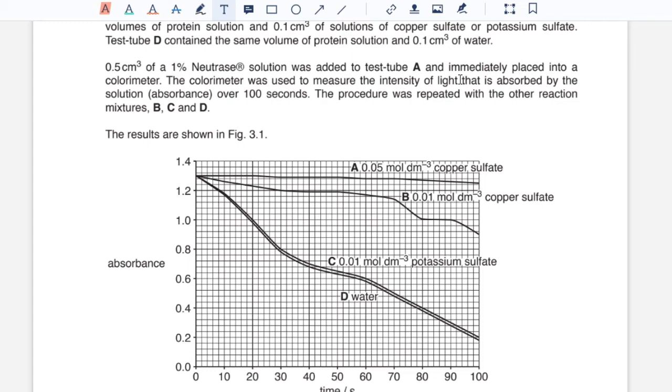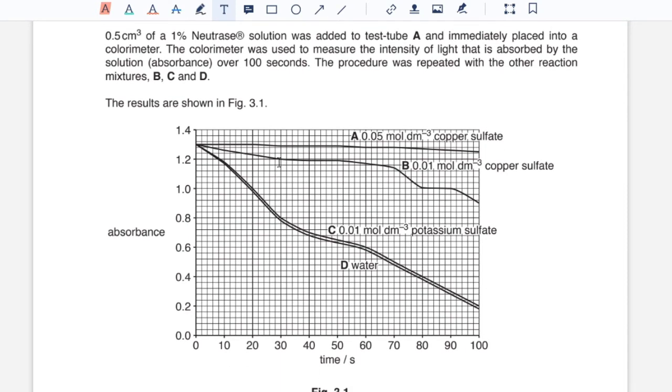And when that does happen, the color change causes a difference in light absorbed. White color absorbs the greatest amount of light, and as it gradually converts to colorless solution in the presence of proteins as they are converted to amino acids, the light absorbed by the colorless solution is lower, and therefore the absorbance of light decreases with time as proteins are converted into amino acids and the solution changes color from white to colorless.